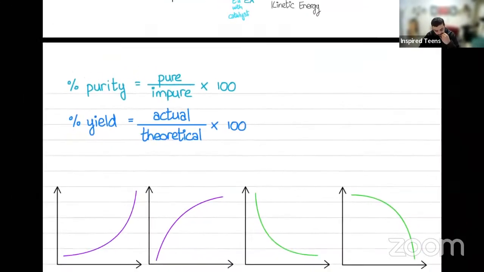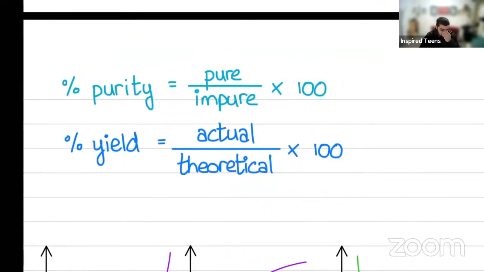Okay, so we can discuss these formulas, percentage purity and percentage yield. I just want to put these formulas in the notes because they do test these in rate of reactions. Just remember that percentage purity is the pure mass or pure moles, it doesn't matter, as long as both pure and impure use the same unit.